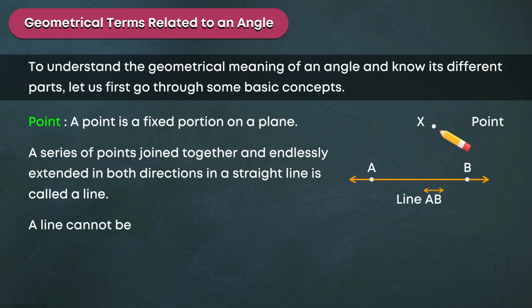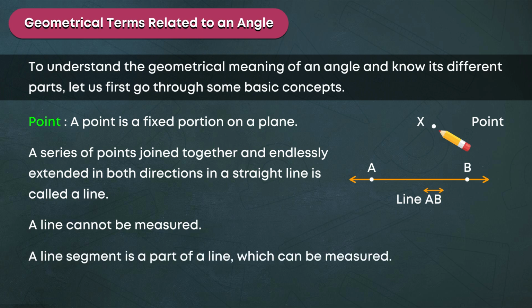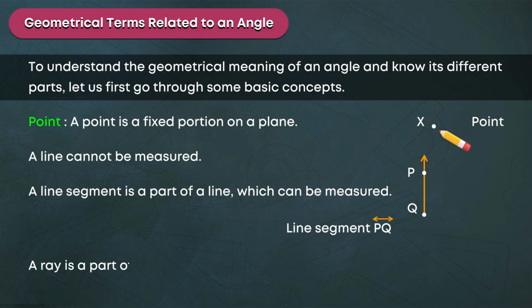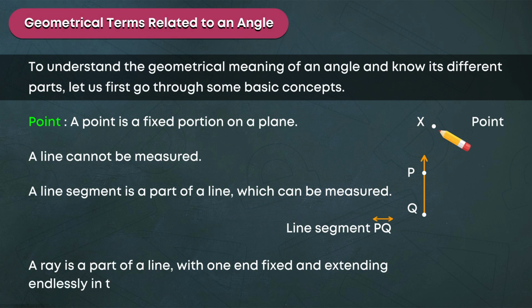A line cannot be measured. A line segment is a part of a line which can be measured. A ray is a part of a line with one end fixed and extending endlessly in the other direction in a straight line.